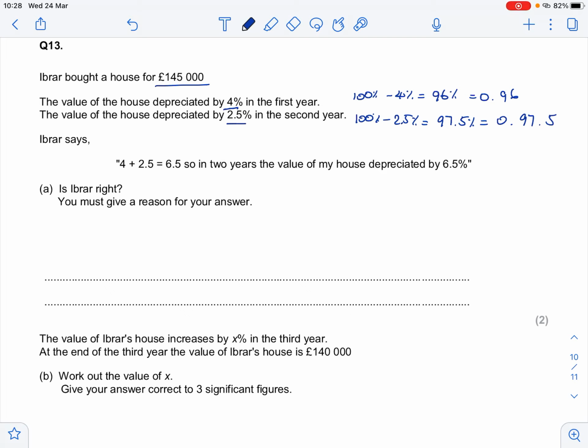Remember, if we want to work out the values, we always start with our initial amount. Then we multiply by our decrease in the first year, then by our decrease in the second year.